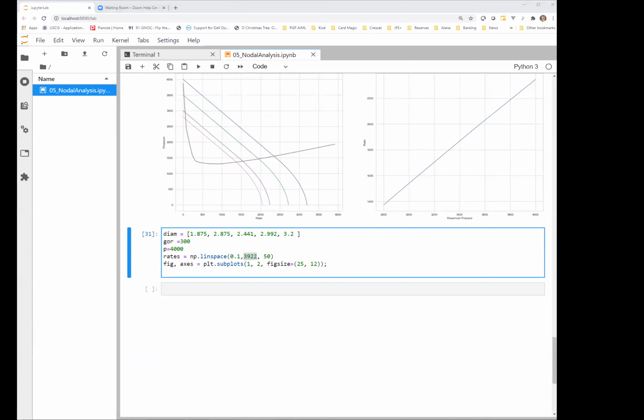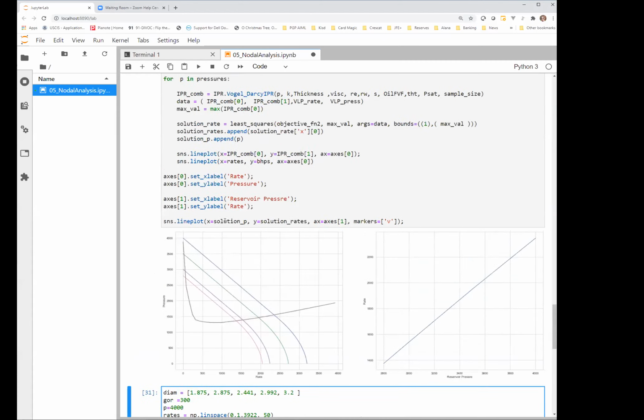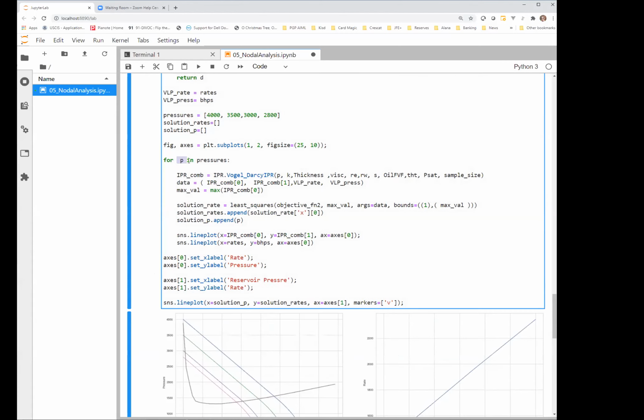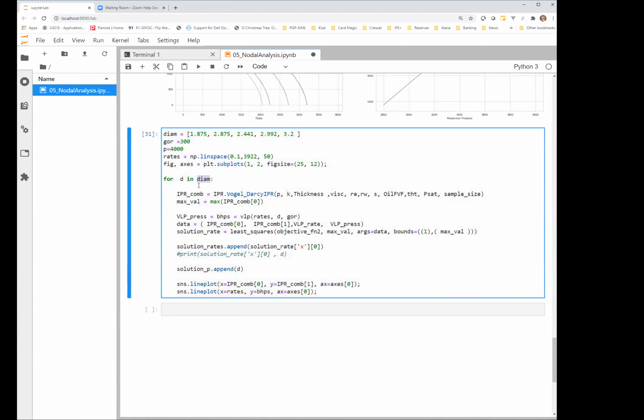But now, let me rewrite this loop. In the previous one, we iterated, we went through each one of the pressures. Now we're going to be going into each one of the diameters. And the IPR is going to be constant.